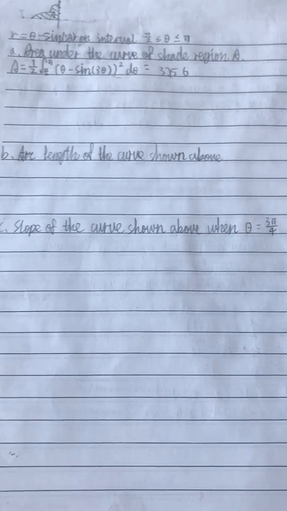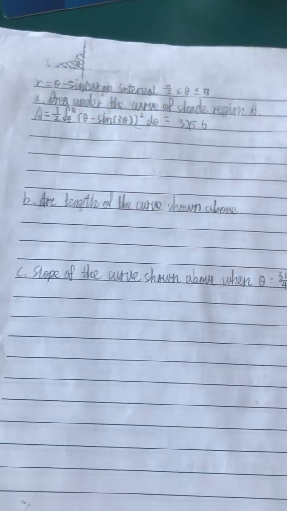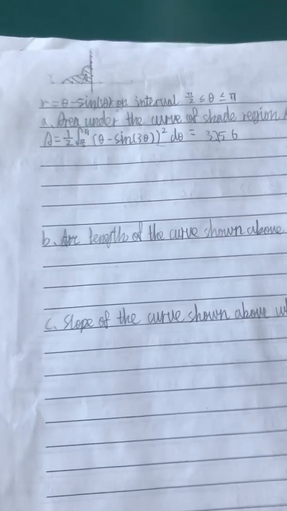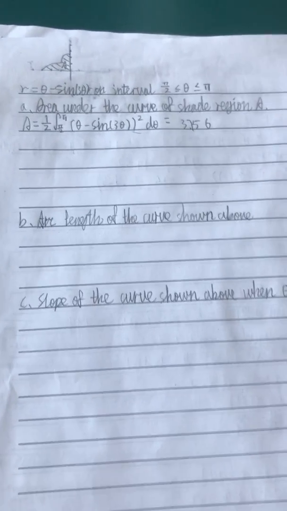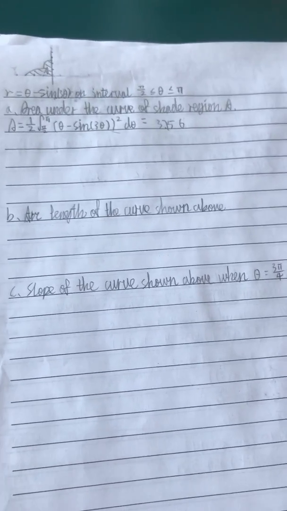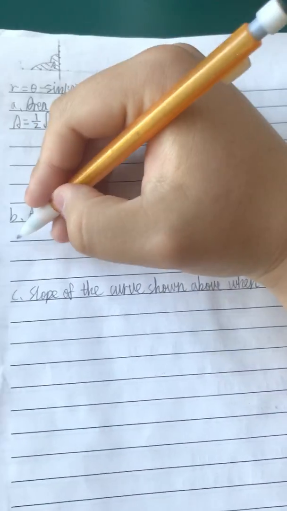We want to find out what's the arc length of the curve shown above. So the arc length of this curve. This time the arc length for the polar curve is a little different from the arc length for the parametric curve, but trust me, this is much easier.